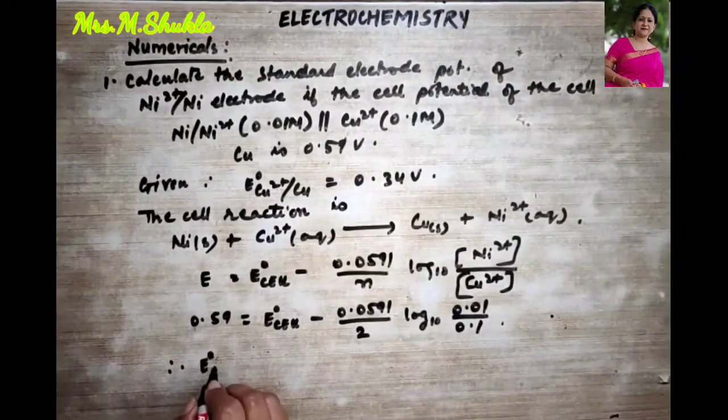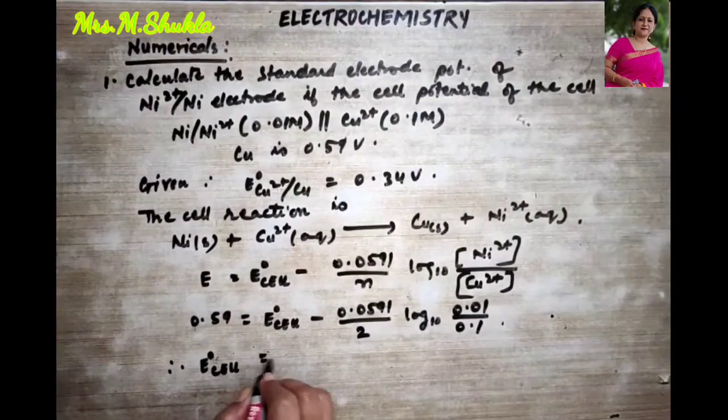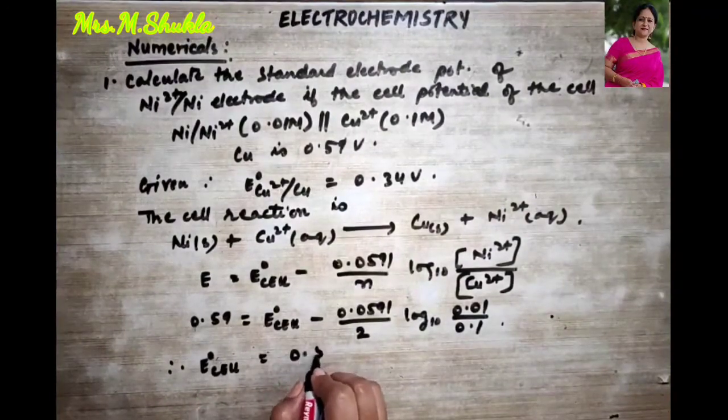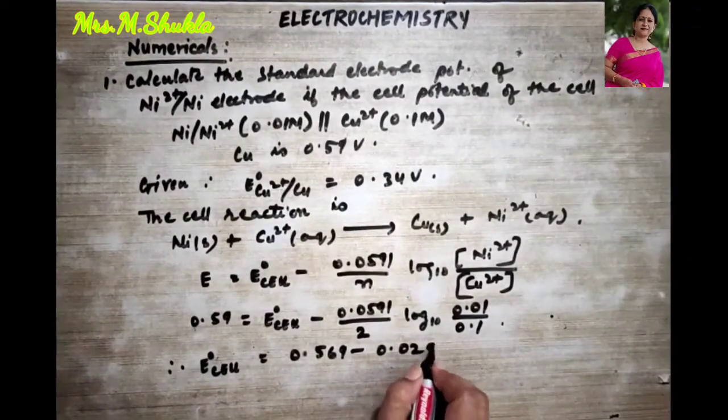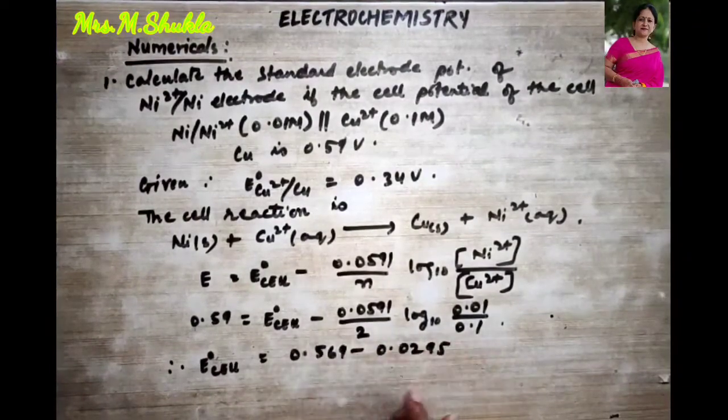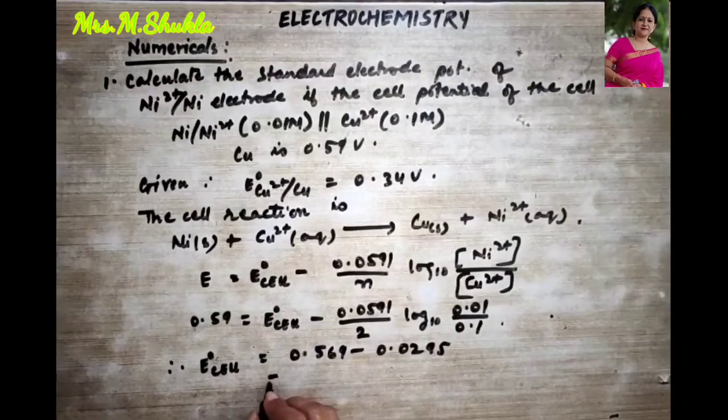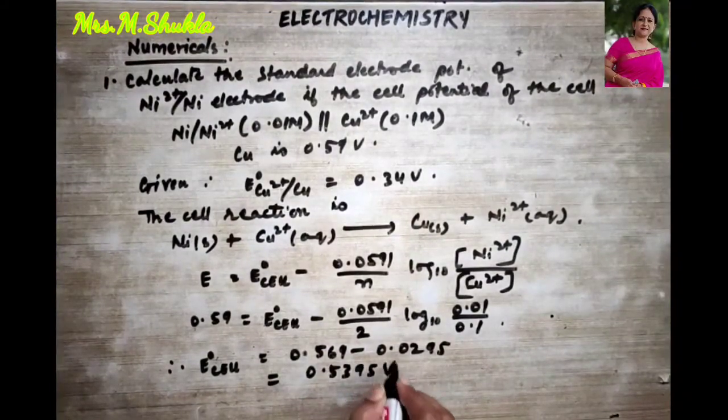Therefore, E naught cell is equal to 0.569 minus 0.0295. You solve this, you will get this equation. Now this will be equal to 0.5395 volts. Followed?